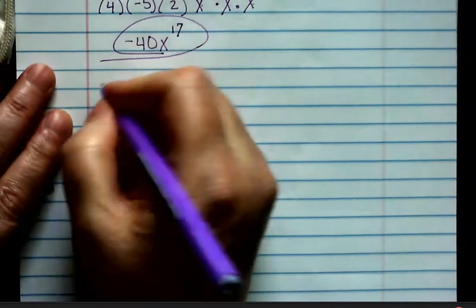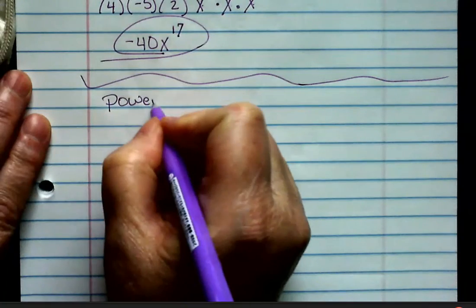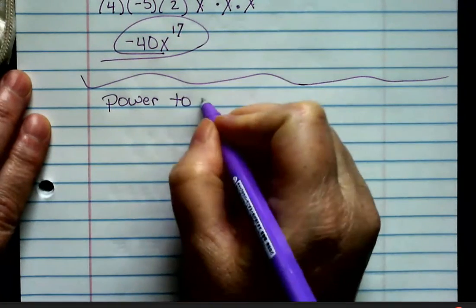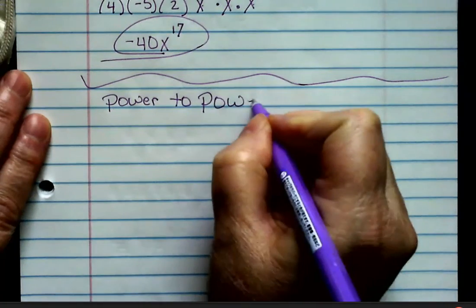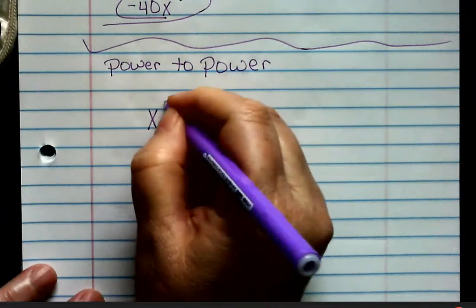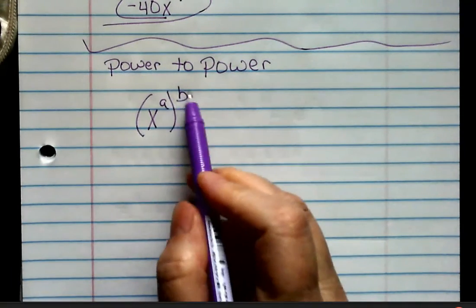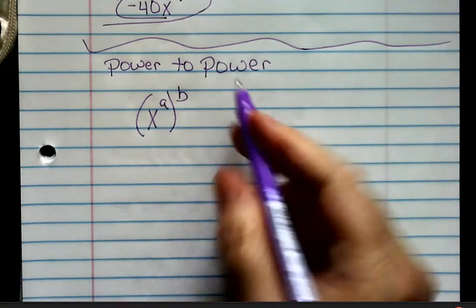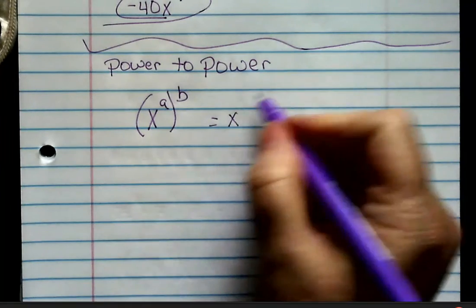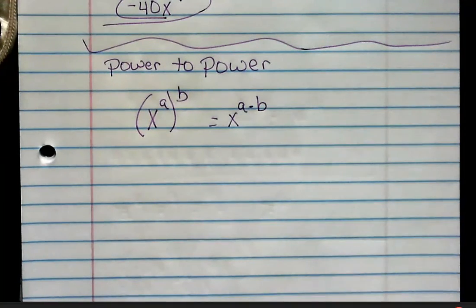Okay, so now let's talk about power to a power. A power to a power is when you have a power inside and outside. To do this, you multiply the exponents together. Let me show you why.